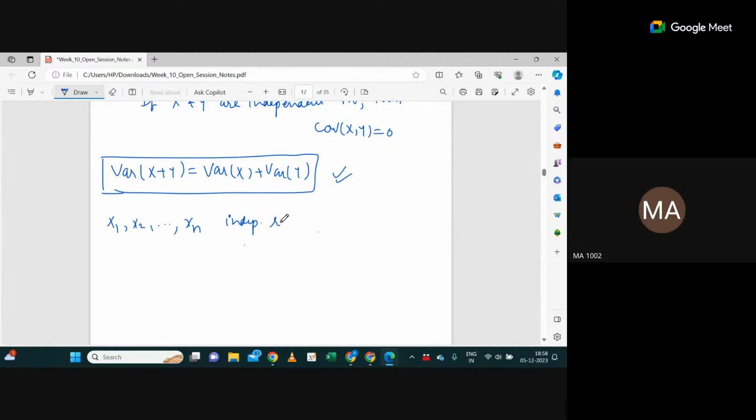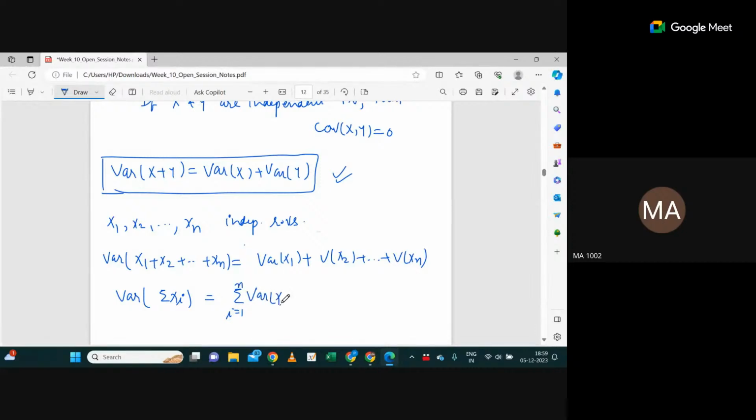The variance of the sum x1 plus x2 plus so on up to xn will be the variance of x1 plus the variance of x2 plus so on up to the variance of xn. In short, the variance of a sum of random variables is the sum of their individual variances, only when the xi's are independent.